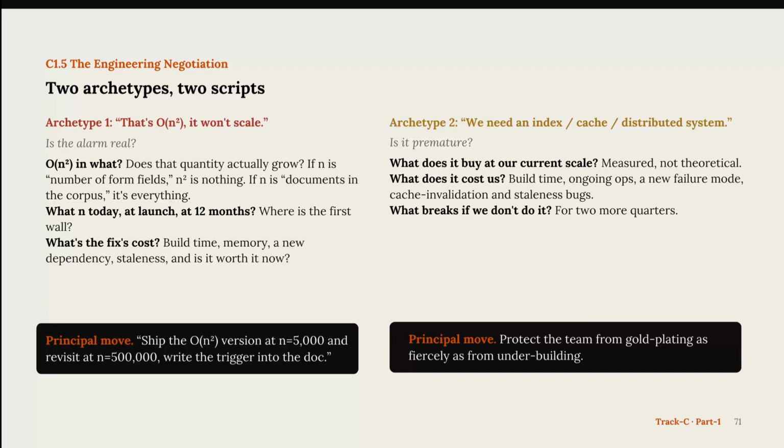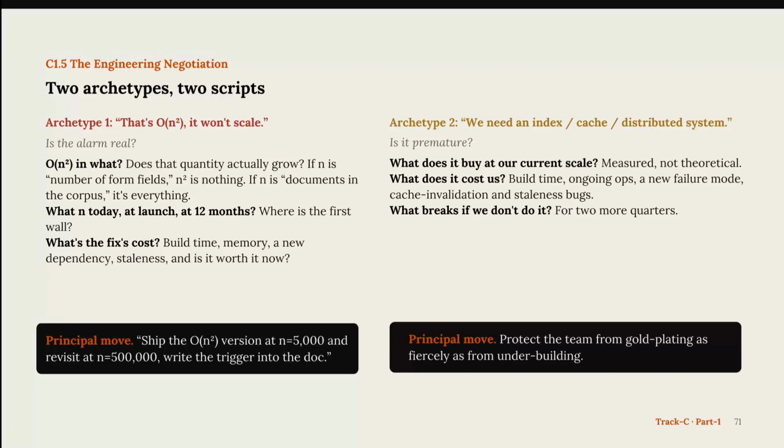First archetype is, hey, that's an order of n square problem, it wants scale. So we need not be alarmed in this case. As product managers, we need to ask, hey, does that quantity actually grow? Is n the number of form fields? Then n square is nothing. Yeah, if n is documents in the corpus, it's everything. Okay, what if it was n today at launch?